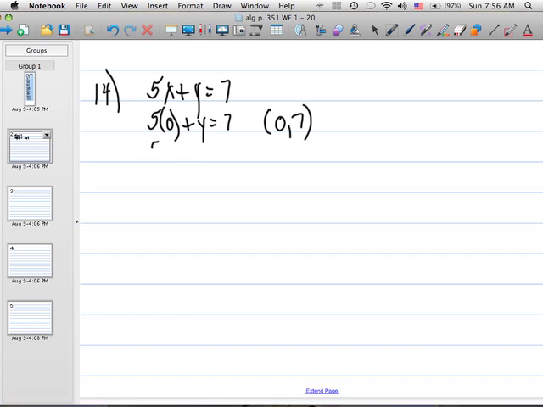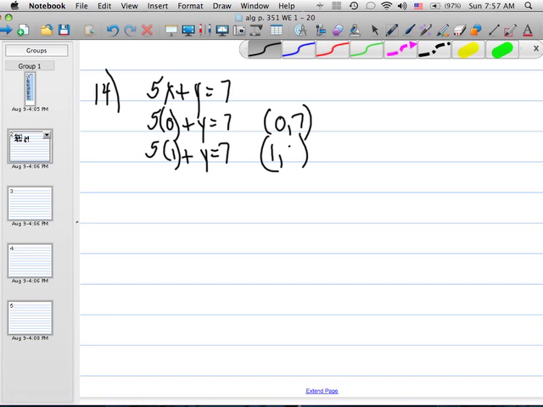If I put 1 in for x, then 6 would work for y. Wait a second, I'm sorry. 2, because that would be 5 plus what makes 7. That should be a 2.